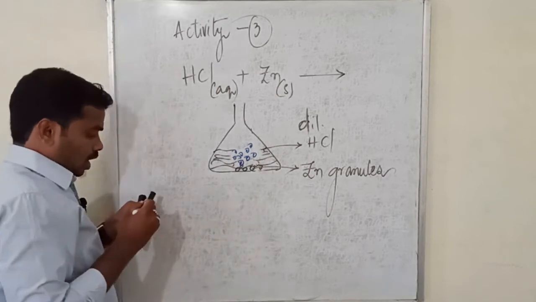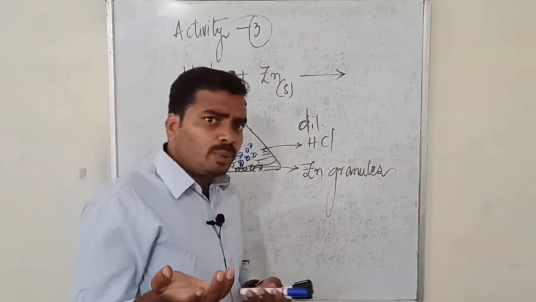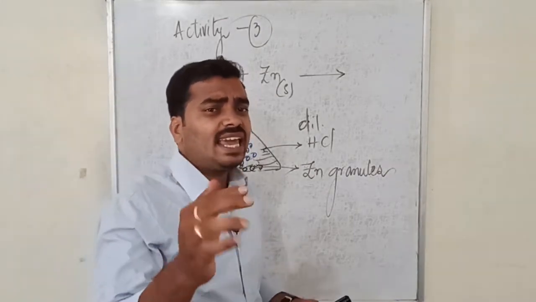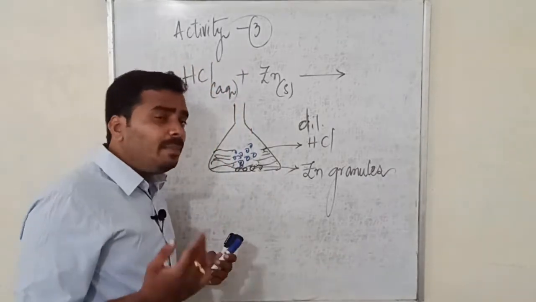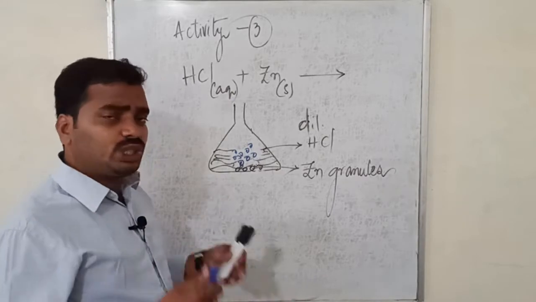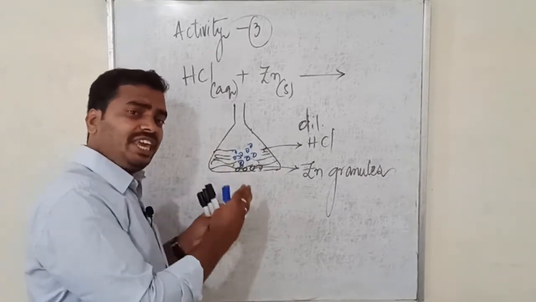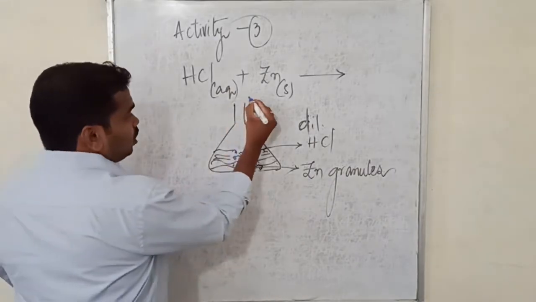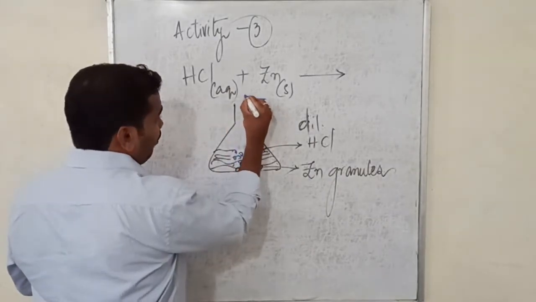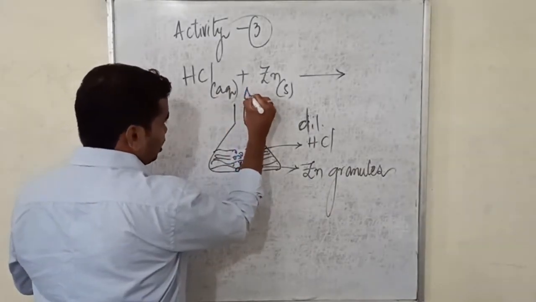Whenever bubbles are formed within the liquid solution, then you can say clearly that there is liberation of some gas. So we have to check which gas is being evolved in this particular reaction. Let us check it with the help of a burning matchstick or burning candle.